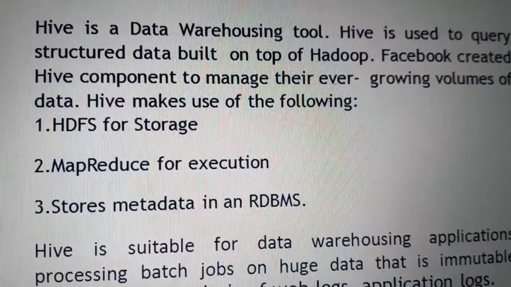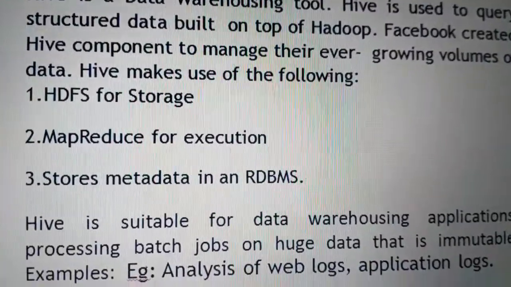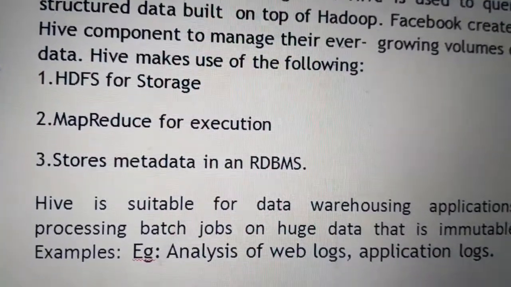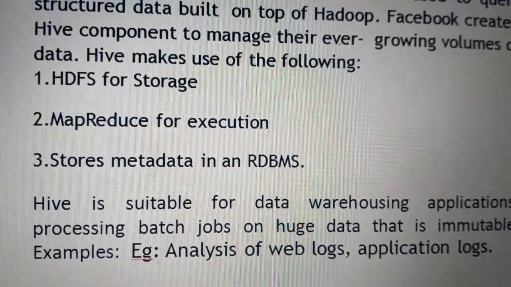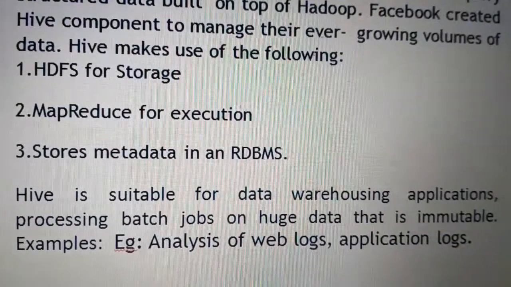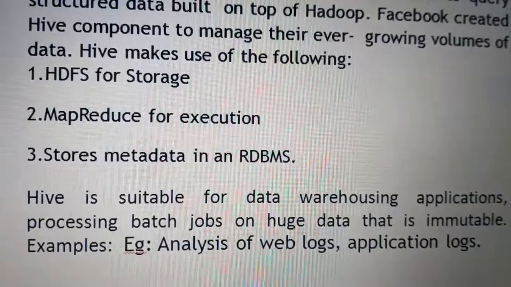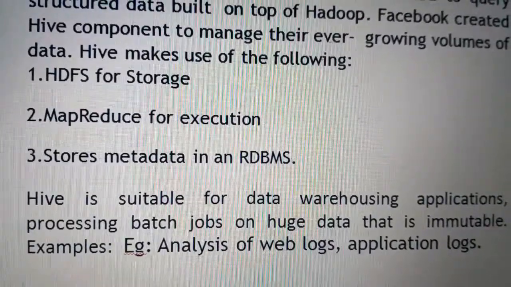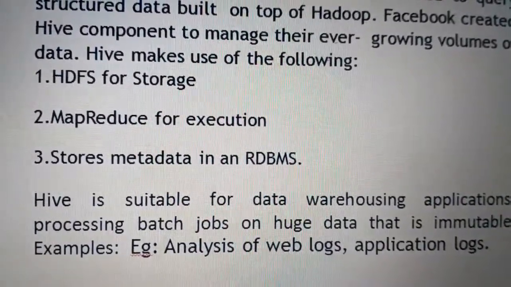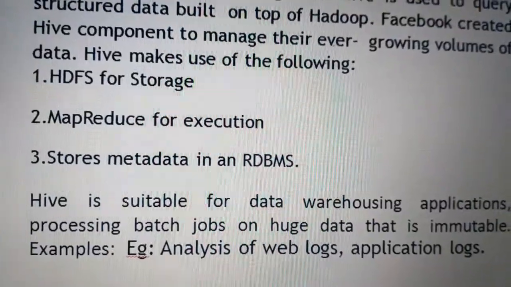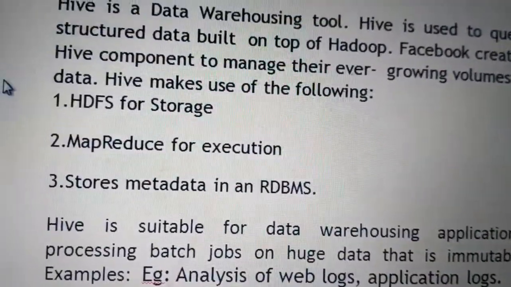And it stores the metadata in an RDBMS, Relational Database Management System. Hive is suitable for data warehousing applications, processing batch jobs on huge data that is immutable. For example, analysis of web pages and application logs.